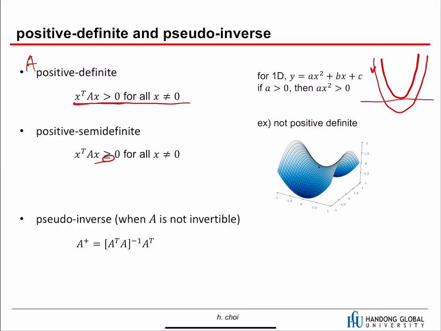So this one is convex. What if A is 0? Then Y is bx plus c, which means just linear. There's no curvature, it's just a straight line. If A is negative, then AX squared is negative, which means we have this shape.